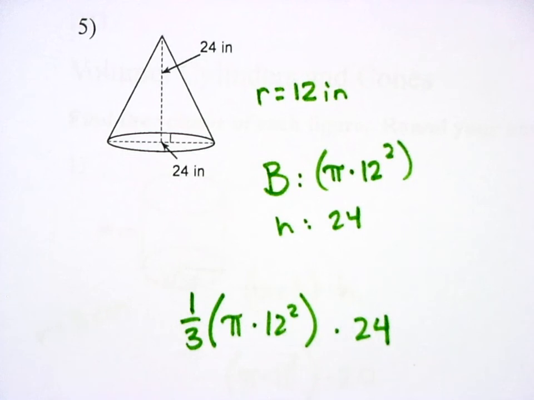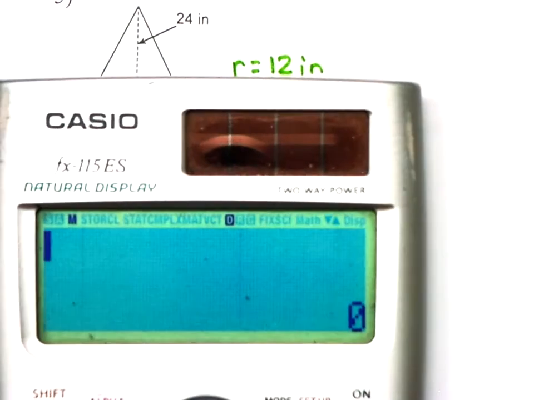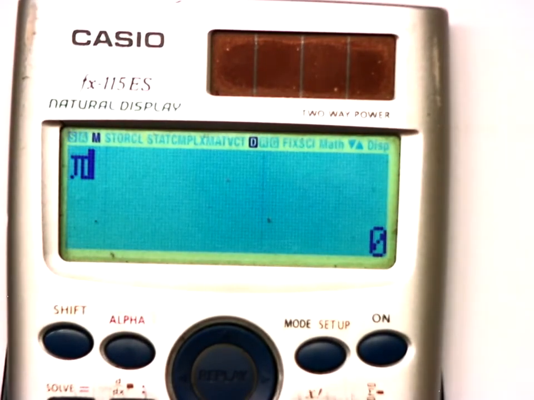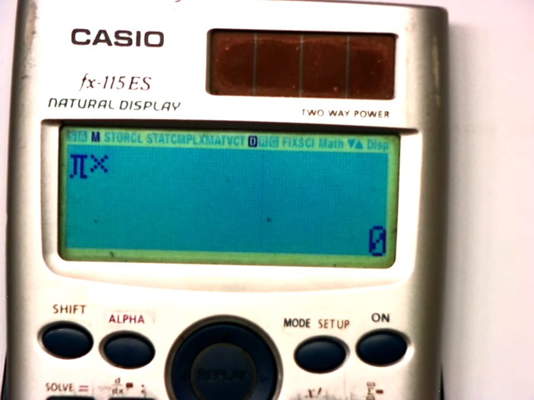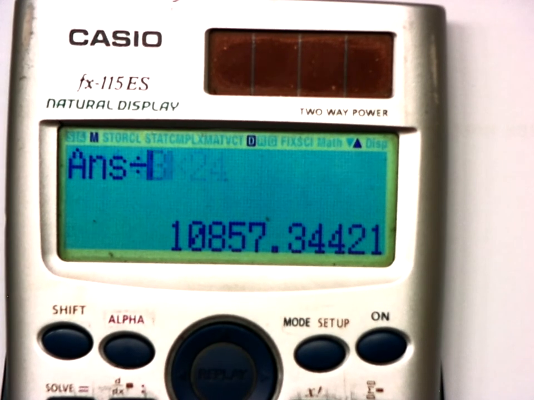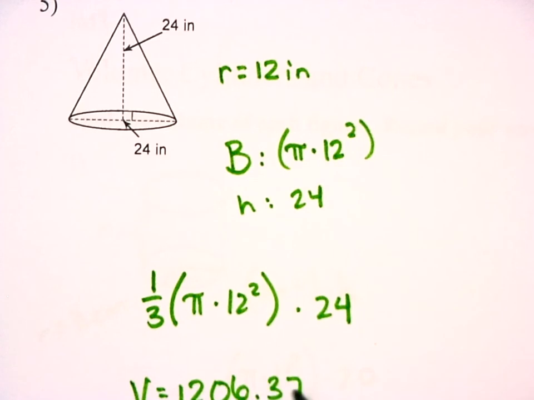We can just divide by 3 at the end to do 1/3. So I'm going to plug in pi times 12 squared, which is 144, times the height, which was 24. And then to do the 1/3, I'm just going to divide by 3. Okay, so my answer is going to be 1,206.37, and this is inches cubed.